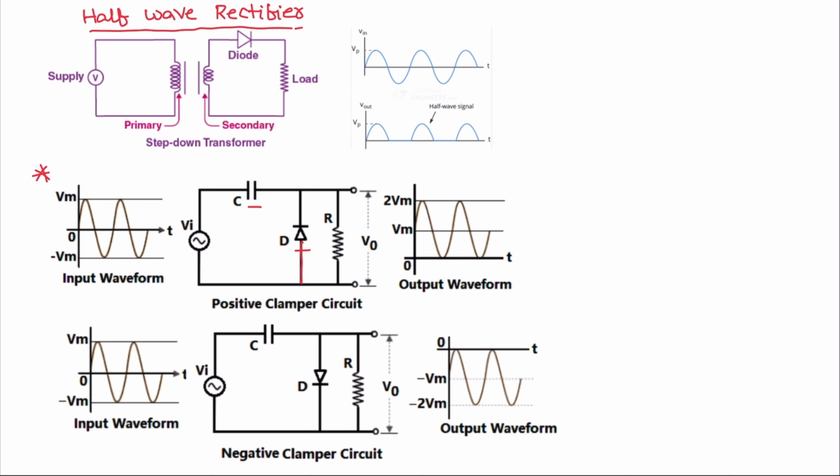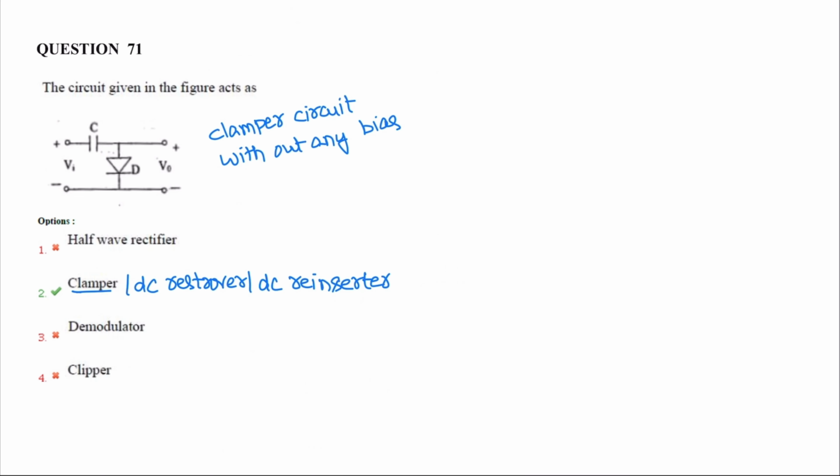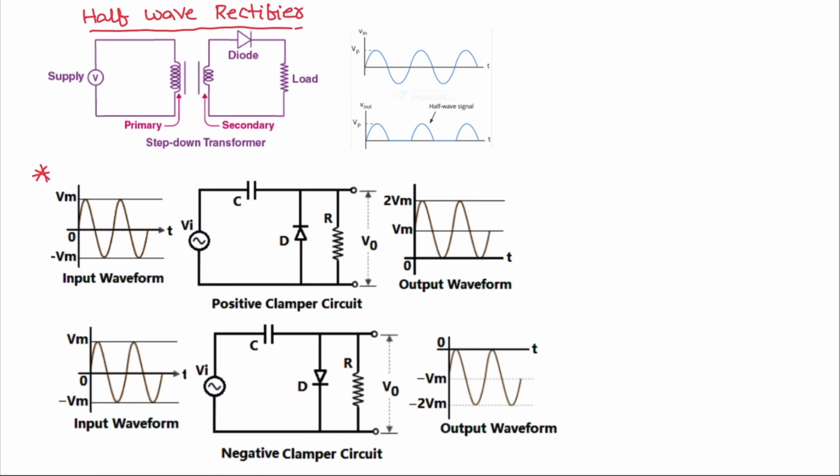This is positive clamper circuit without any bias, and this is negative clamper circuit. Negative part of diode is connected to ground without any bias. In the given circuit, the negative terminal of diode is connected to ground. Therefore the given circuit is negative clamper circuit without any bias.